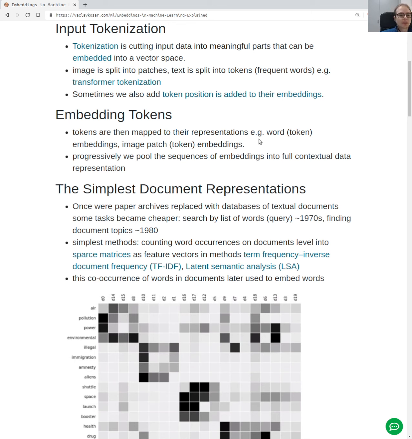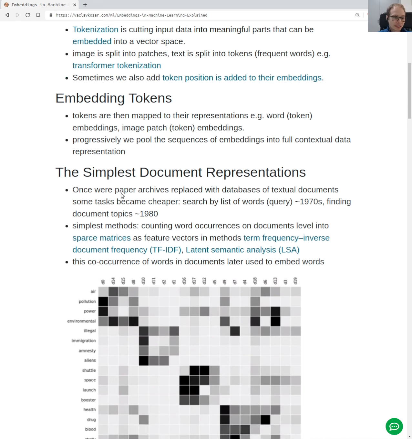And once we have these tokens embedded, we still want the final representation. We want the full contextual representation. And so that means that within the architecture, usually we pool the sequences of embeddings in various ways, like averaging or maximum, and then we get the full contextual representation.